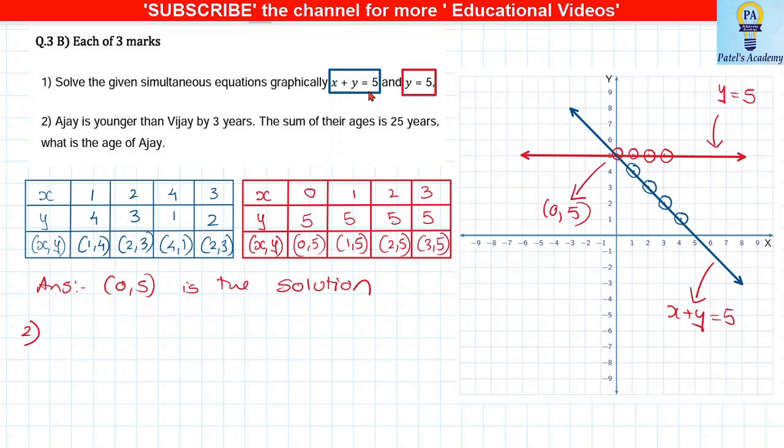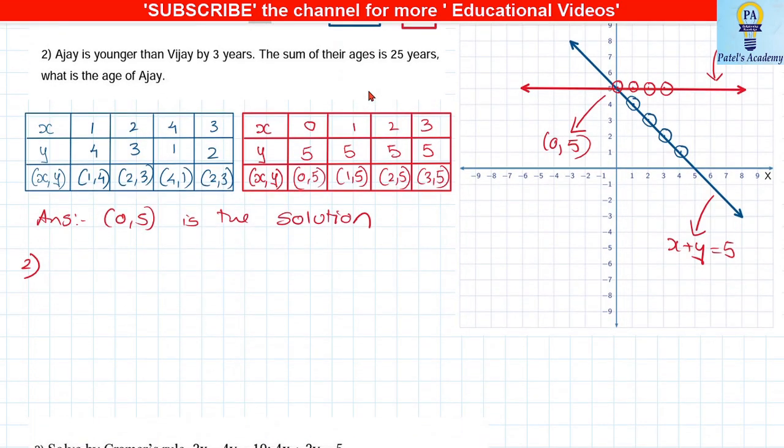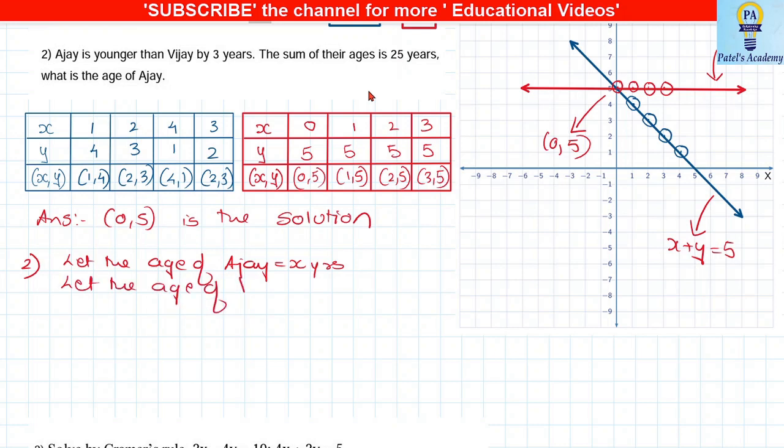Fine. Now see the next one, students. Again, it is a word problem. They have given that Ajay is younger than Vijay by 3 years. So let the age of Ajay equal x years, and let the age of Vijay equal y years.